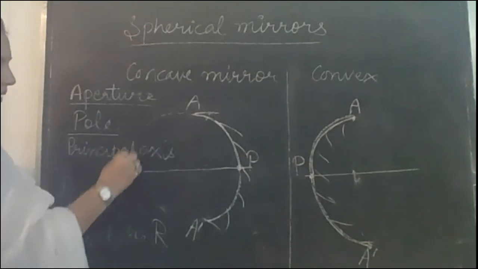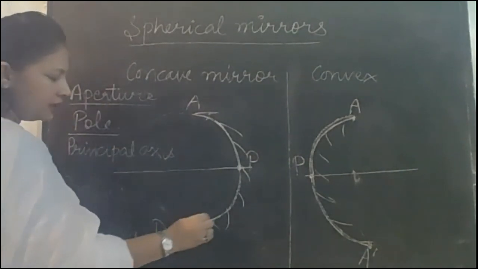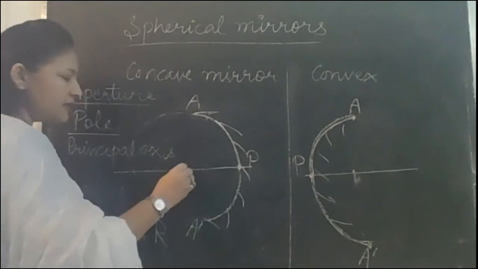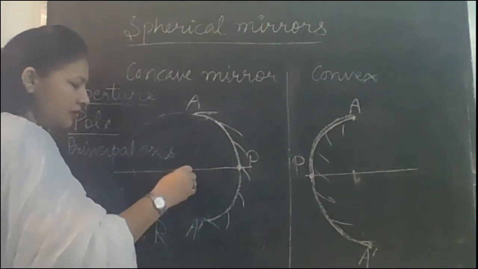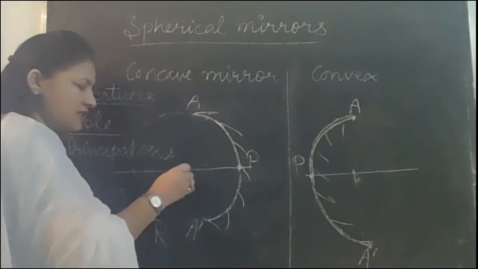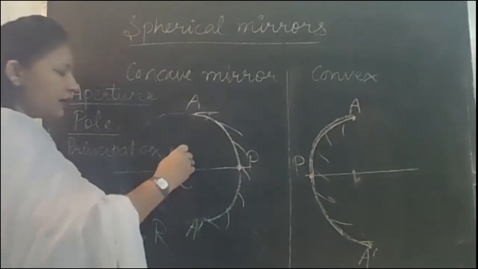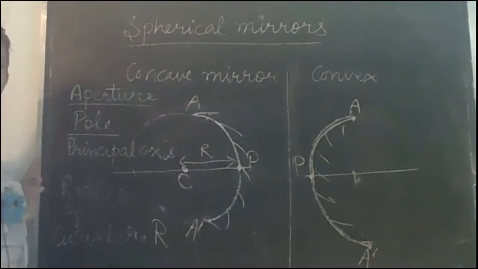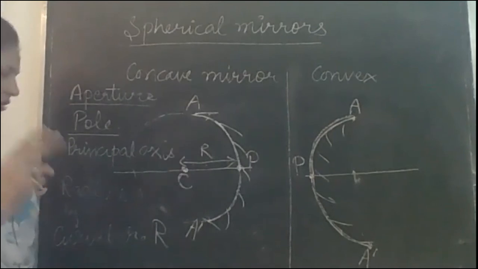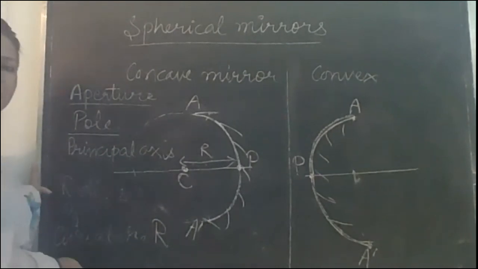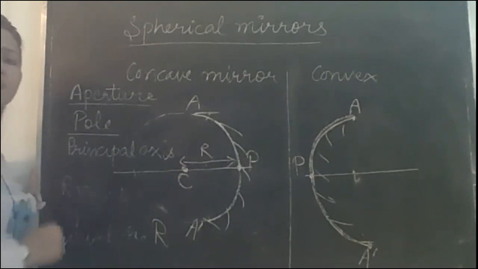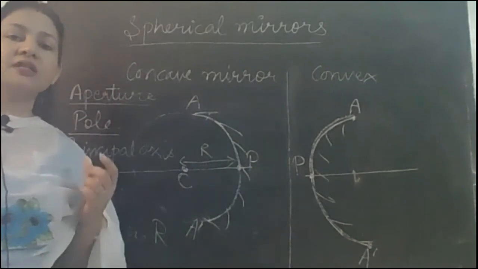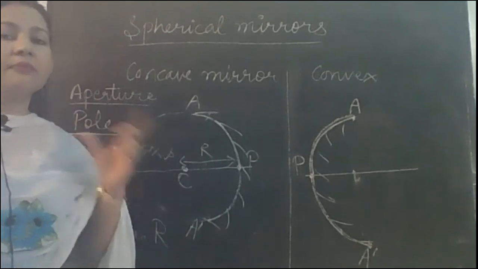If I imagine the sphere from which I had cut this mirror, then the center of that sphere is called the center of curvature, and the radius of that sphere will be called the radius of curvature. So there are two terms. First, write the definition of radius of curvature. It is the radius of the sphere of which the mirror is a part.